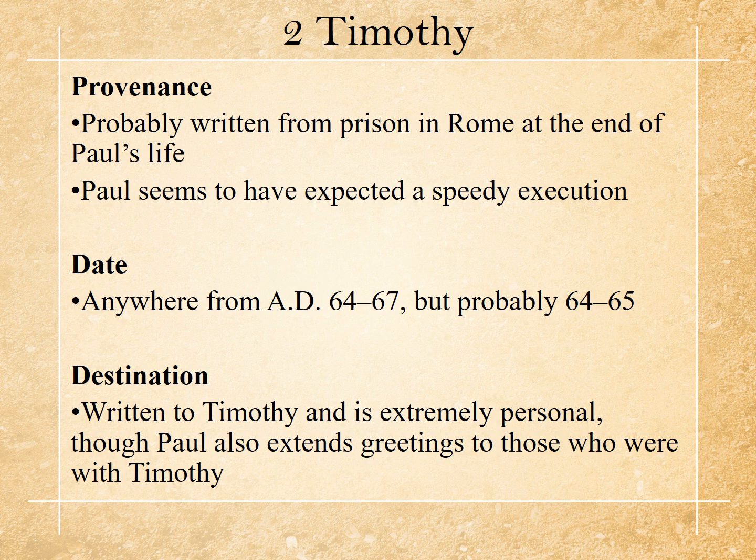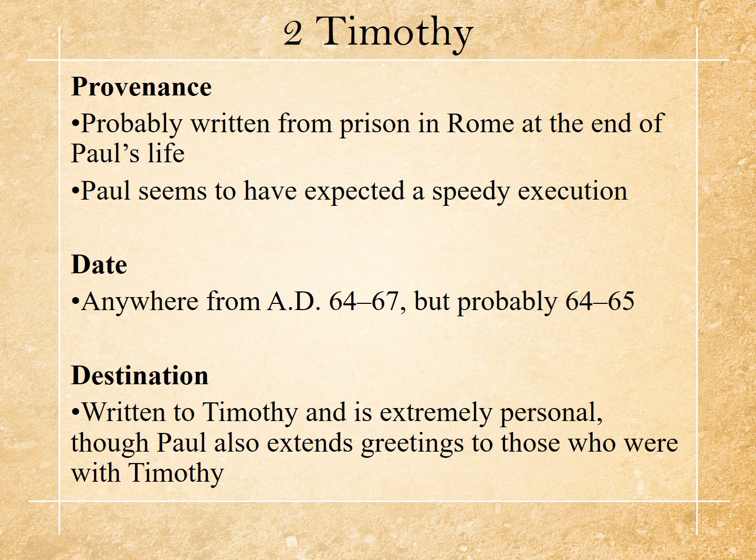2 Timothy was probably written from prison in Rome at the end of Paul's life. It sounds indeed like he is possibly in Rome and maybe even in jail when he's writing it. Paul seems to have expected a speedy execution, so some would put it certainly in Rome, possibly from prison.